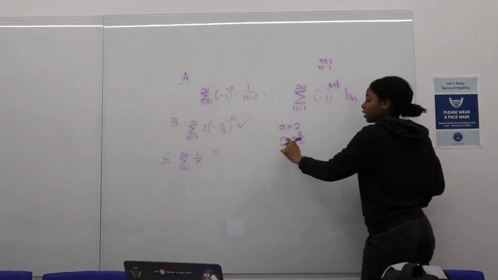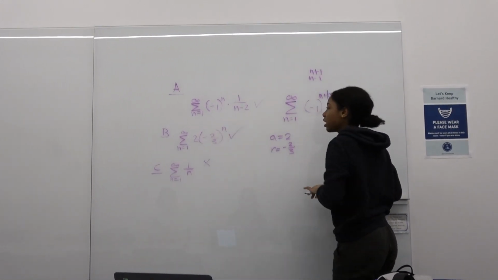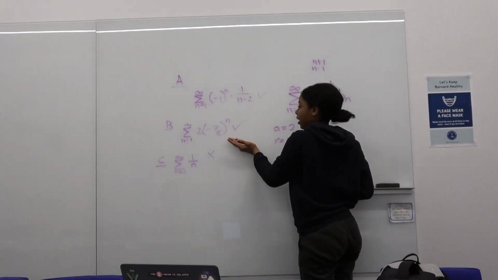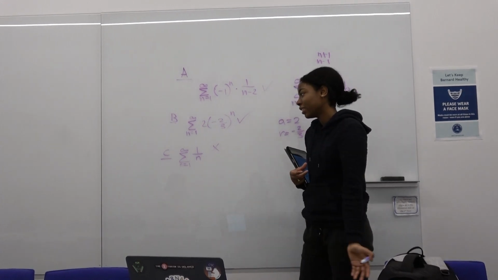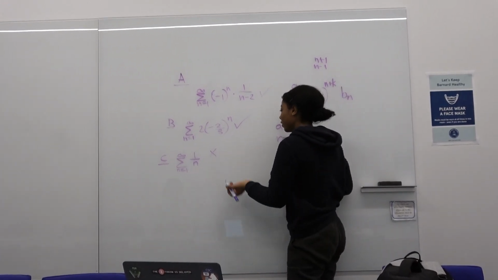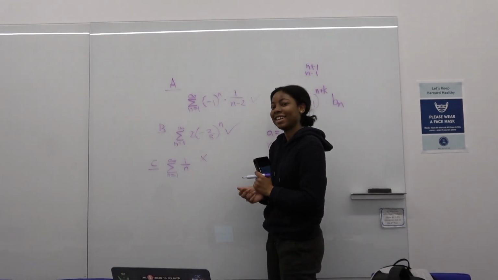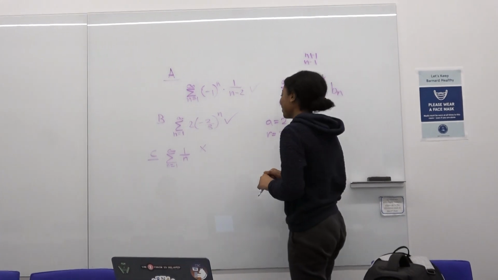Because the negative is inside of the parentheses, as n increases, n is odd or even, you're going to get either a positive value or a negative value in this series. And then the final one is our harmonic series, which we know diverges, and it's just a special series, guys. Sorry, I don't have any other things to add to that.